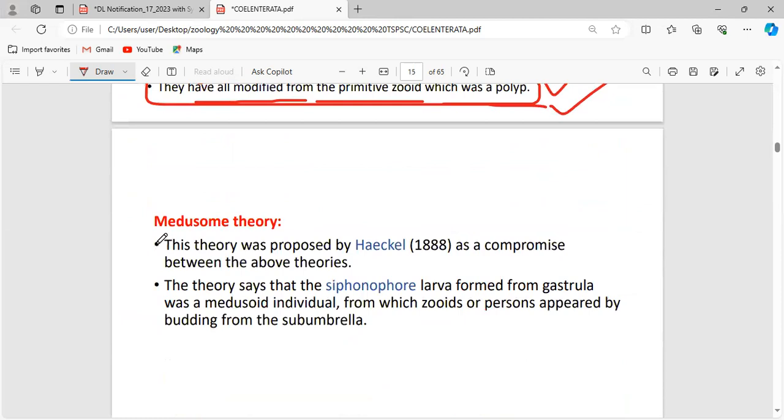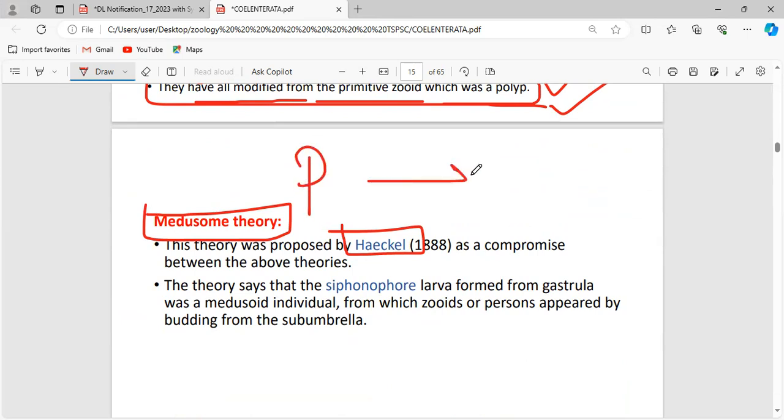But here, this is the neutral theory, that is medusome theory, which was put forth by Haeckel. What he is saying is, from polyp, this medusa is evolving. From the asexual polyp, the sexual medusa will be developing.